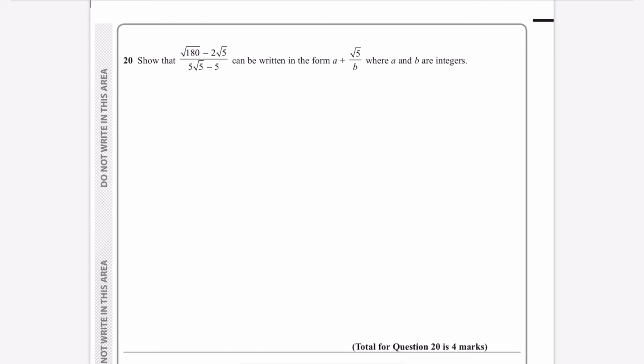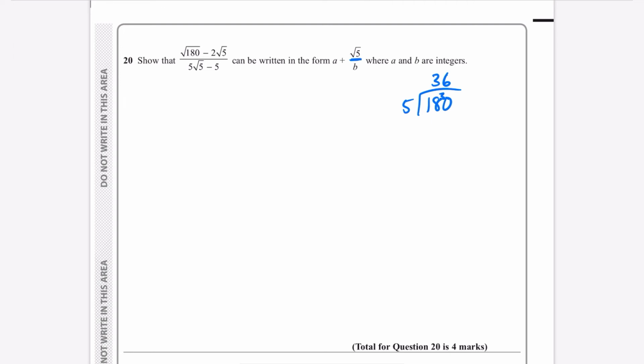So for the root 180, we need to try and think what two numbers multiply to give 180, where one of them is a square number. And seeing as everything is root 5 here, I think we probably should check and see what it is with the square root of 180. So I think that 180, if we divide that by 5 very quickly, 5 goes into 18 3 times, and 3 left over. 5 goes into 30 6 times.